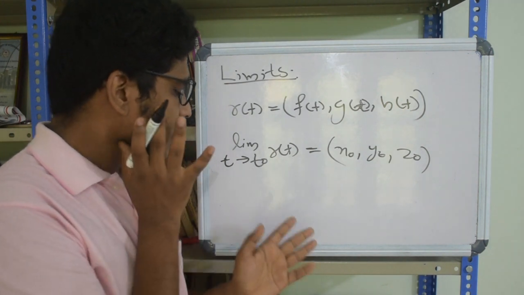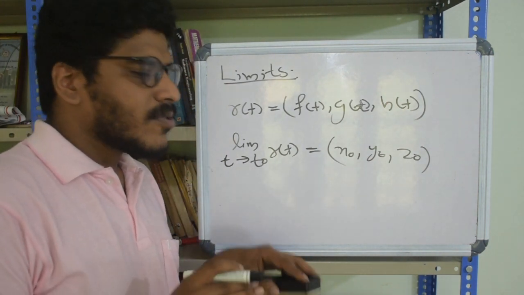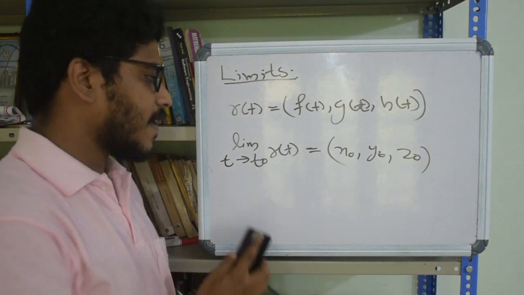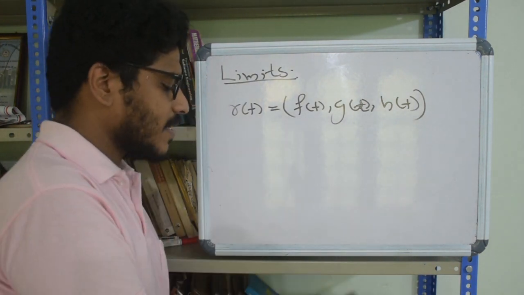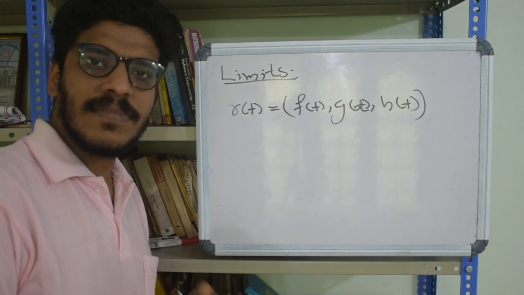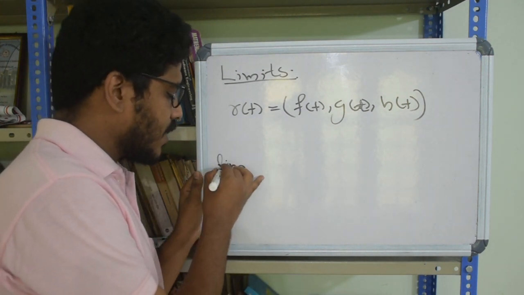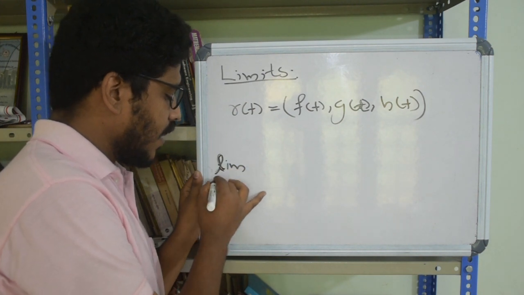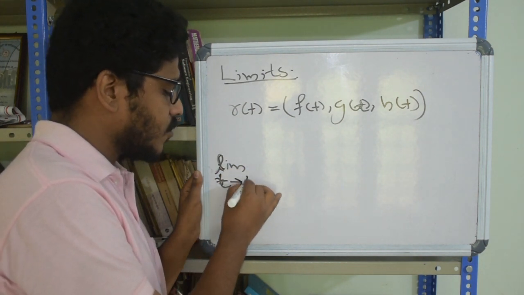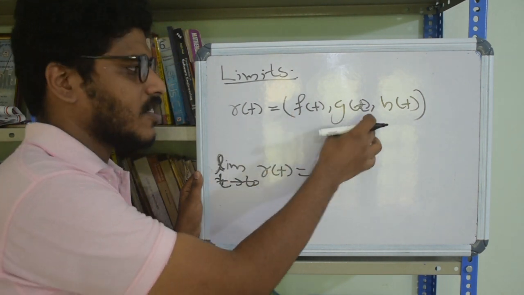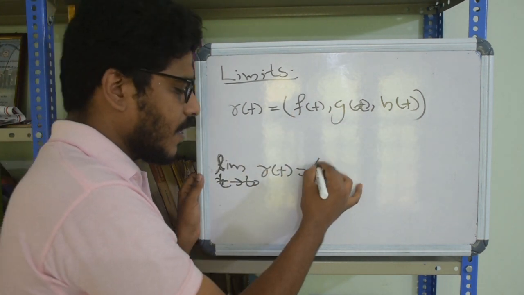Don't worry about this. What I would like to emphasize is the trick to find the limit of a vector valued function, which comes directly from the definition itself. So remember this expression: limit t tends to t naught r of t, where r of t is f of t, g of t and h of t.